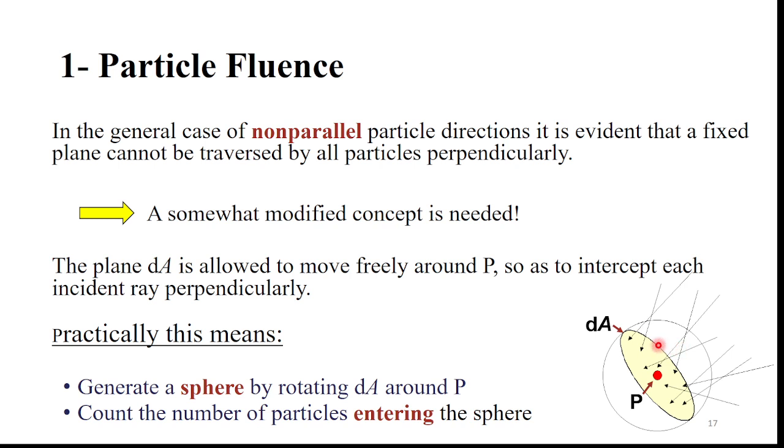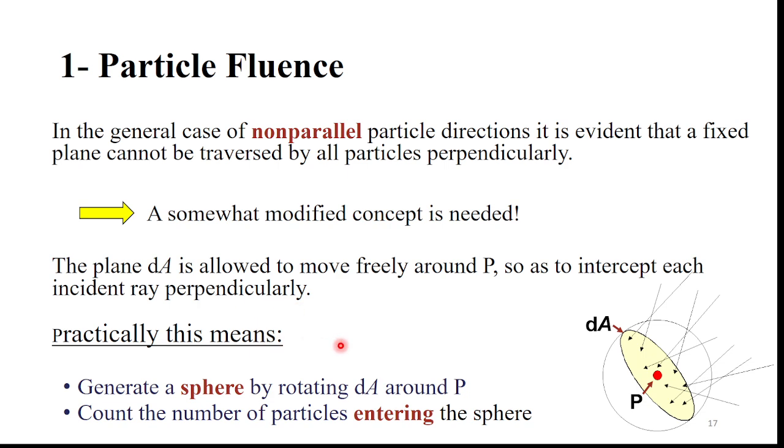We allow the surface dA, this surface area that we chose, to rotate freely. So the plane dA is allowed to move freely around the point P, so as to intercept each incident ray perpendicularly. This is the solution. That is why we start talking about a sphere.